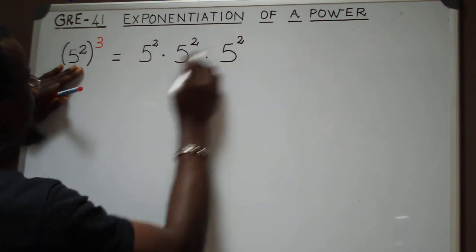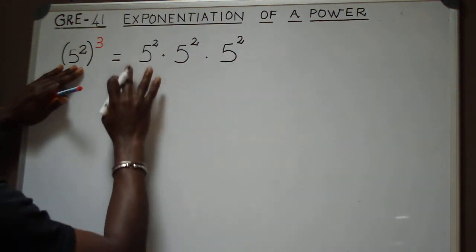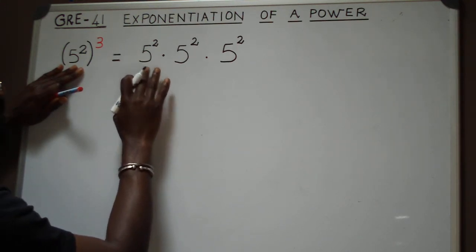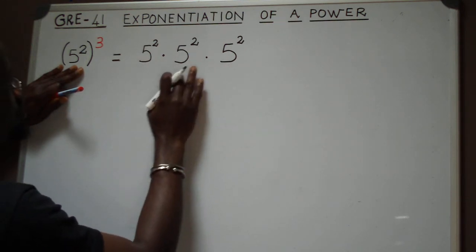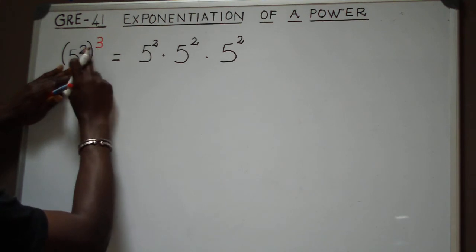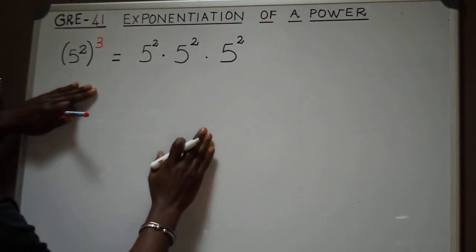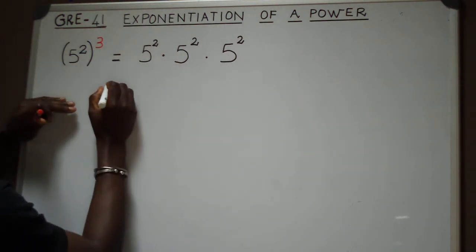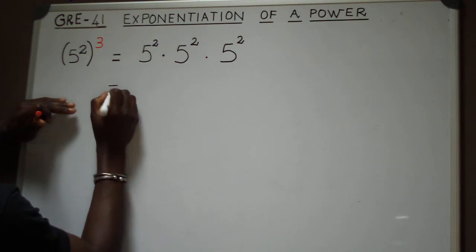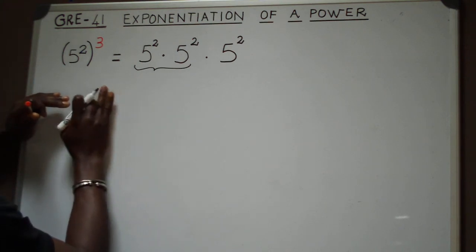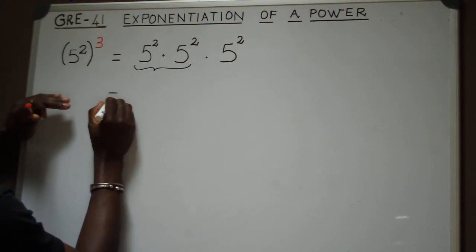You see, here we have a repeated multiplication of 5 raised to the exponent 2. How many do we have? We have 3, because we should have as many as indicated by the number 3 on top of this expression. Now that we have expanded this expression, let us simplify it. First of all, I'm going to combine these two expressions. As you can see, these two expressions are powers of 5.